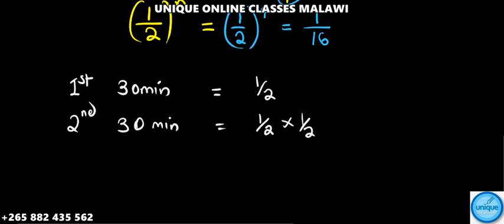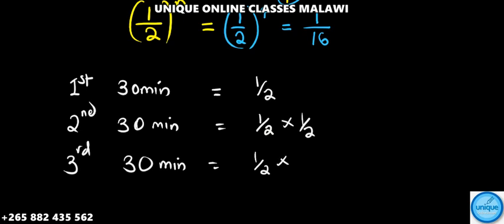Then the next 30 minutes, which is 90 minutes, we're going to have half multiplied by half multiplied by half. You see?